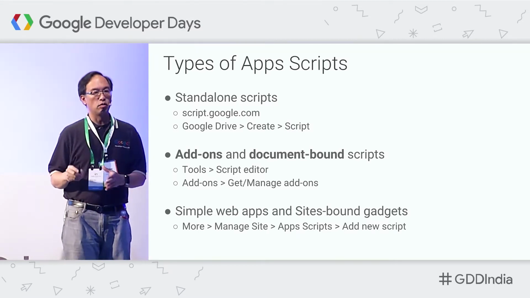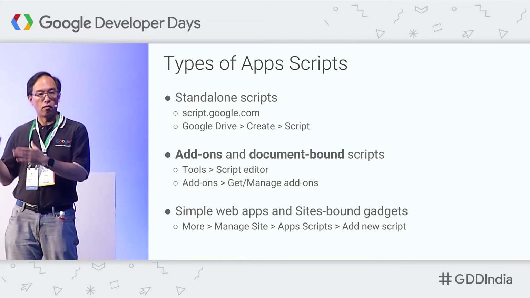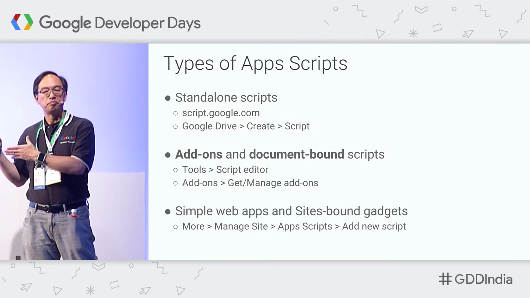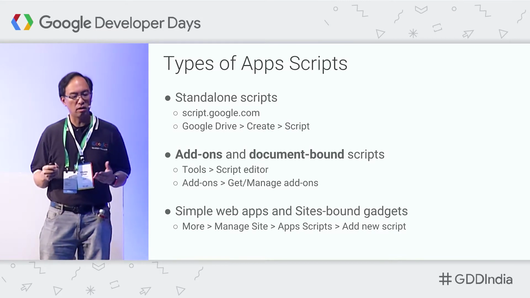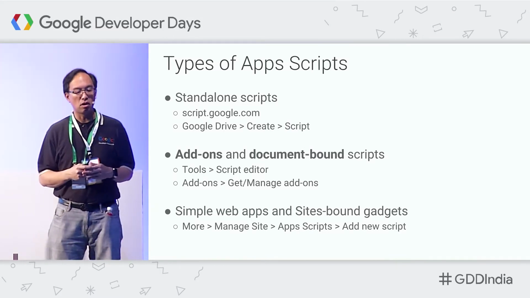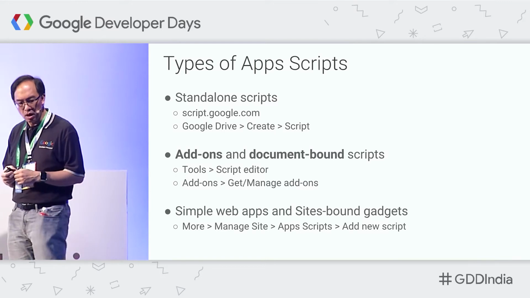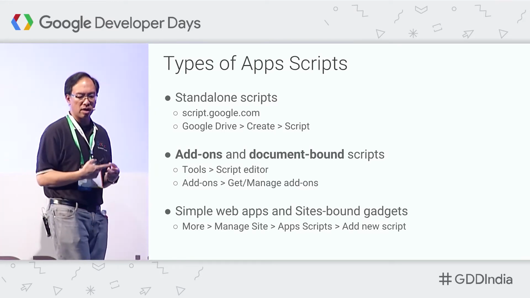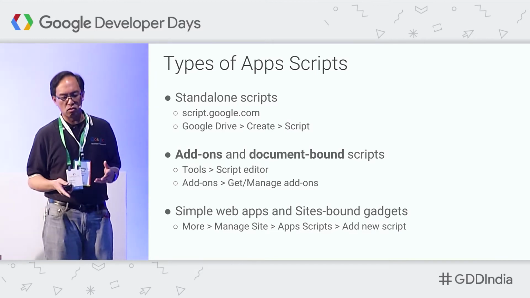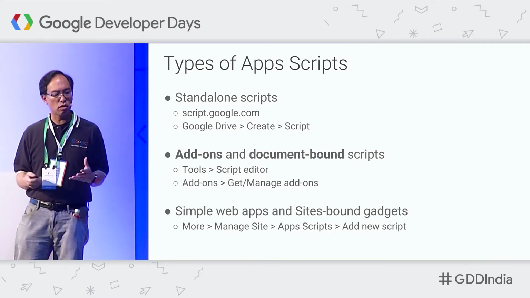From there, you'll be able to pull up the code editor for the AppScripts that you write for that particular document. And then add-ons, you can get and manage from that pull-down also. And then finally, the last type of AppScript are the simple web apps and gadgets that run under Google Sites. Okay, so these are the three main types.